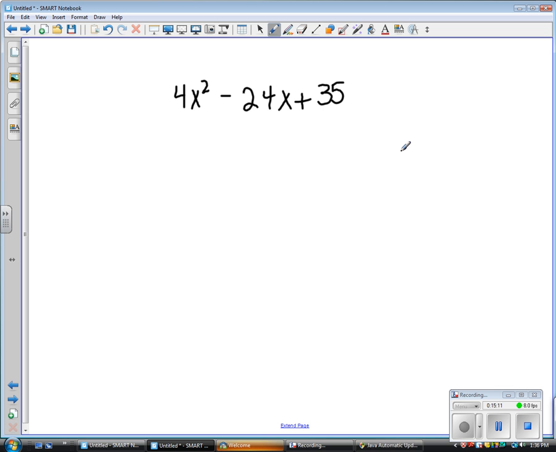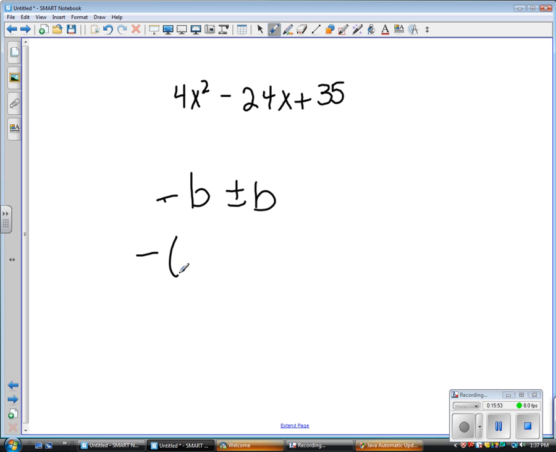It is a negative 24. The negative b that's in front of your formula is really saying the opposite of whatever b is.